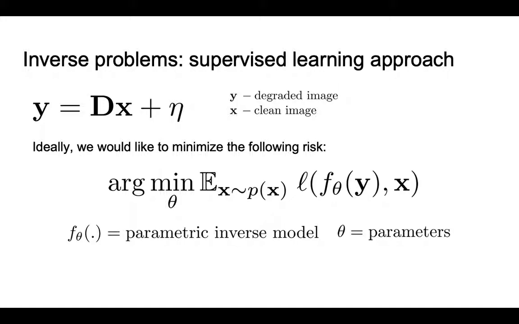I give you distributions of all the possible X, and then I want to minimize this L, which is the loss defined between my reconstructed output and the actual one. So by minimizing this loss, I want to find such a theta which basically reconstructs X from Y, right?